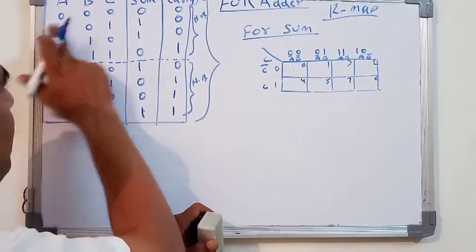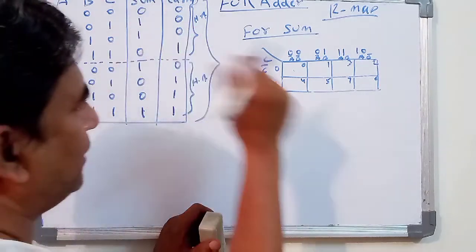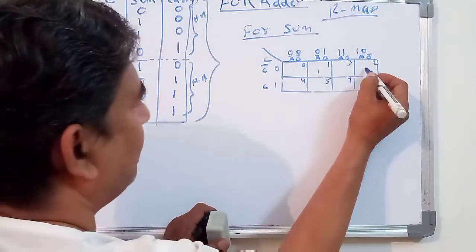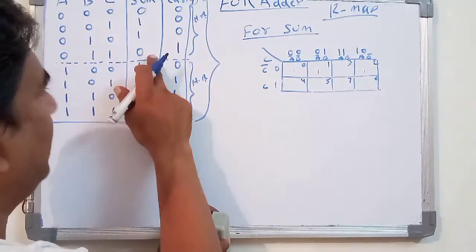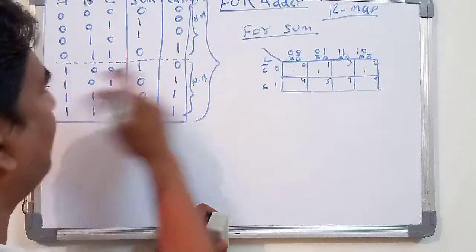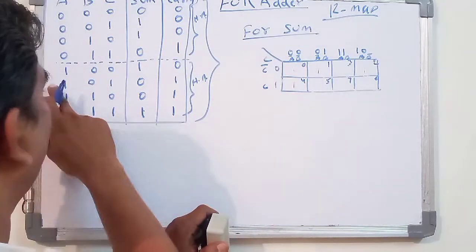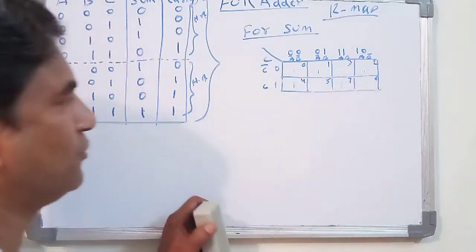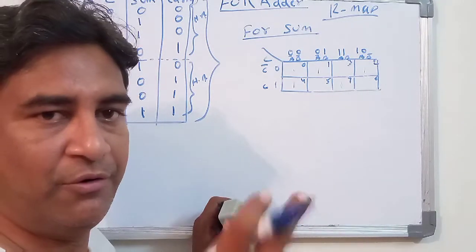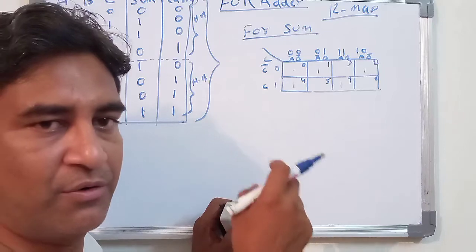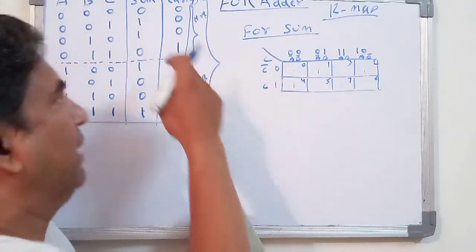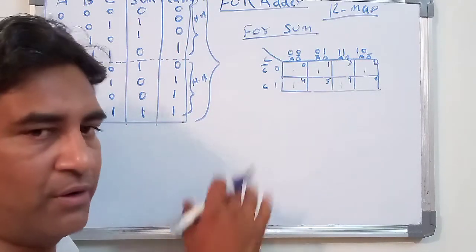In the 1, you have the sum 1, so write down 1. In the 2, you have 1. In the 3, it is 0. Leave it. 4, 1. 5, 0. 6, 0 and 7, 1. So individually, the values you are getting in the particular rows and columns are four 1s. Only wherever the output is 1, we plot the value.